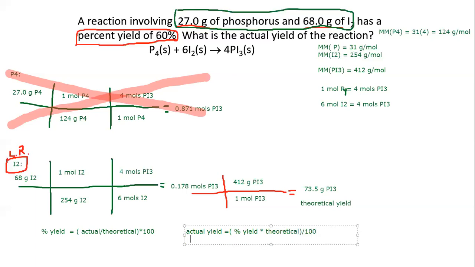So this would be 60 times 73.5 divided by 100. Basically, you're taking 60% of 73.5. Then we get 44.1 grams of PI3 as our actual yield.